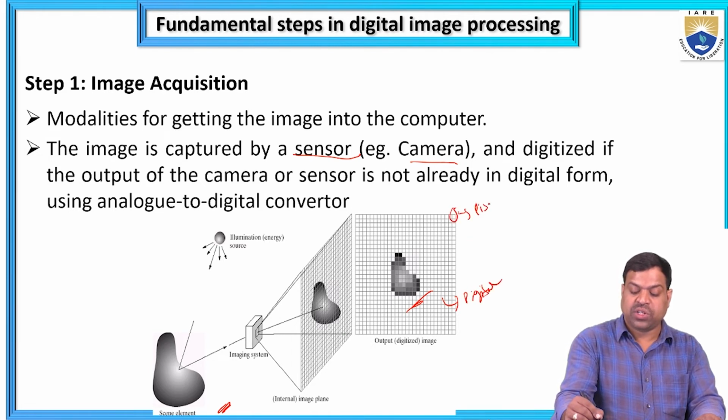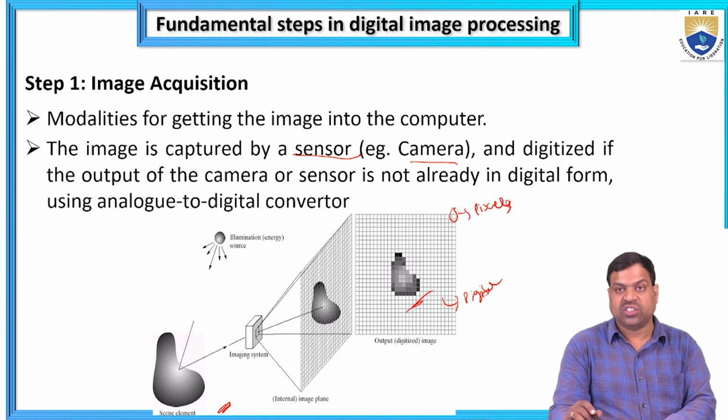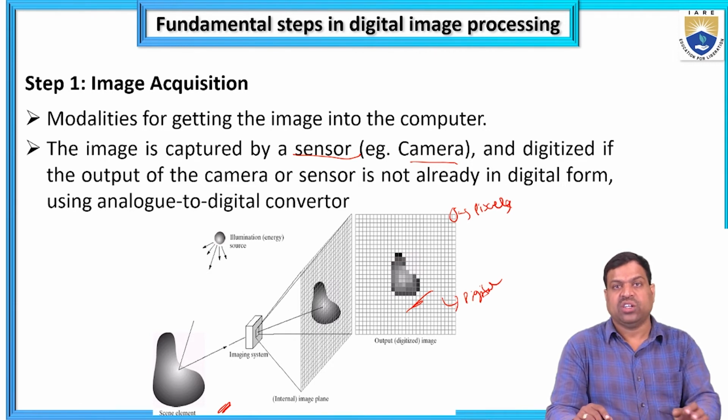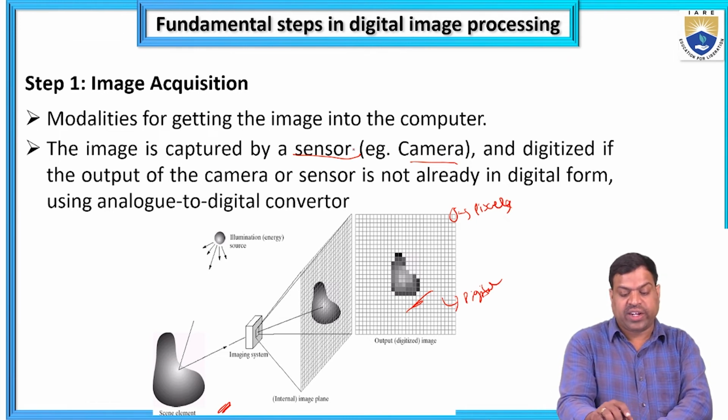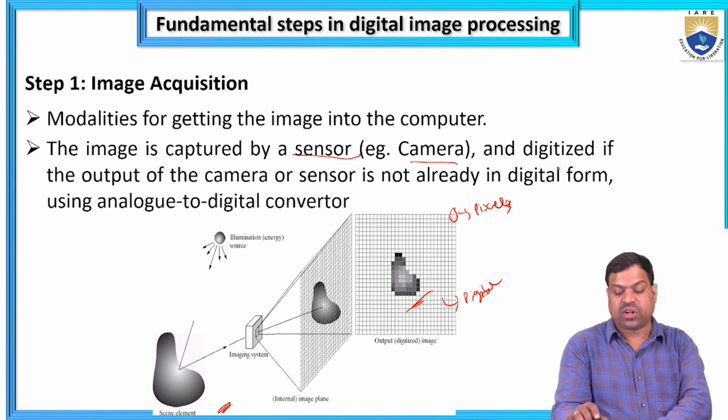If pixels are displayed, it is in digital form. So image acquisition converts the analog form into the digital form, with the help of sensors or a camera.